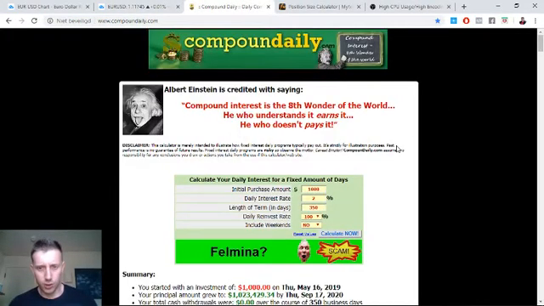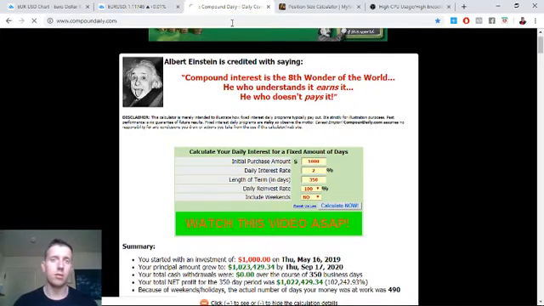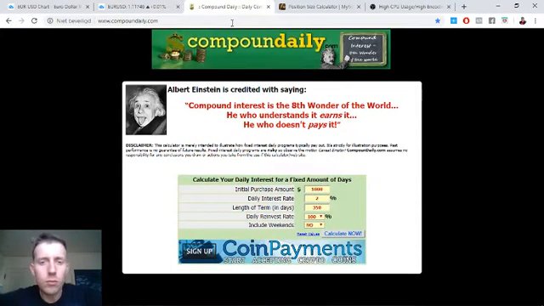So why is 2% so great? Let me refresh this. So let's say you have $1,000. Like earlier, you have $1,000. This website is called compoundbilly.com. Oh yeah, let me read this quote. It's a great quote.